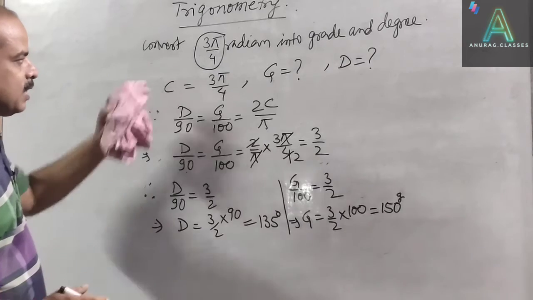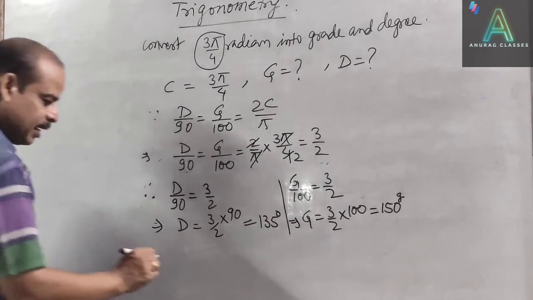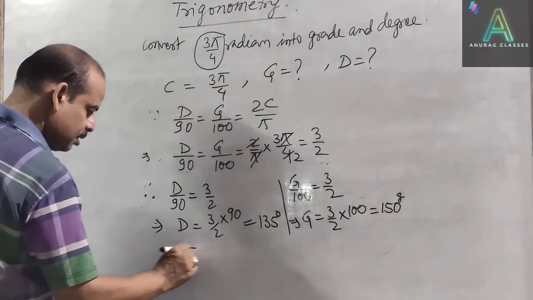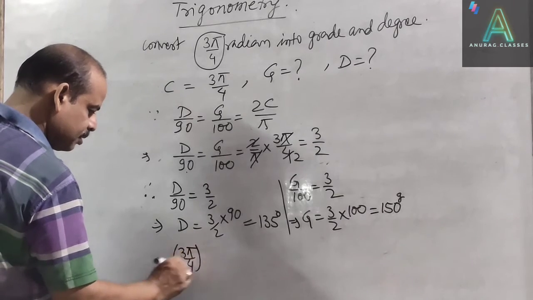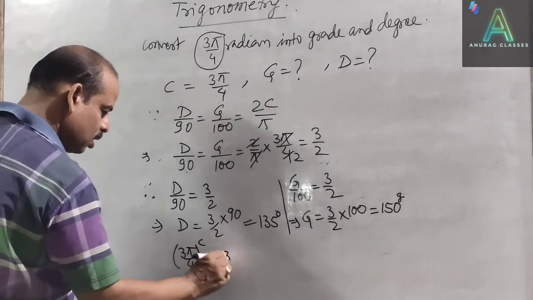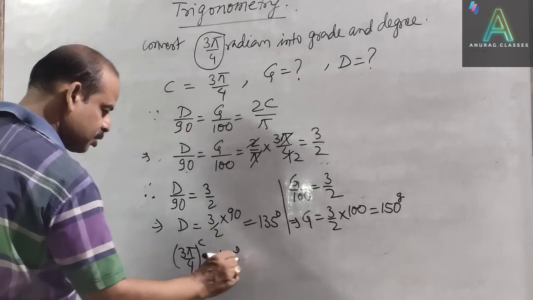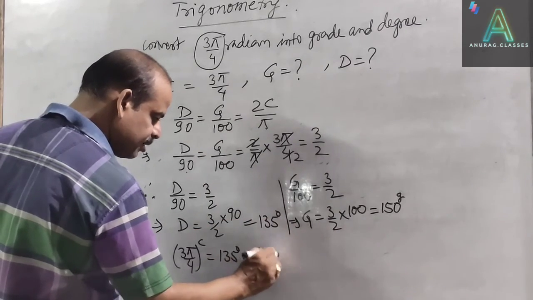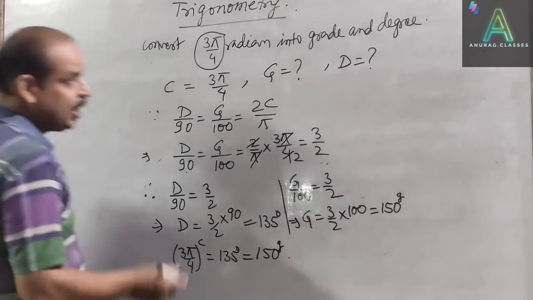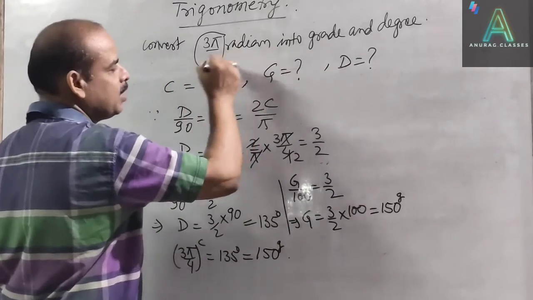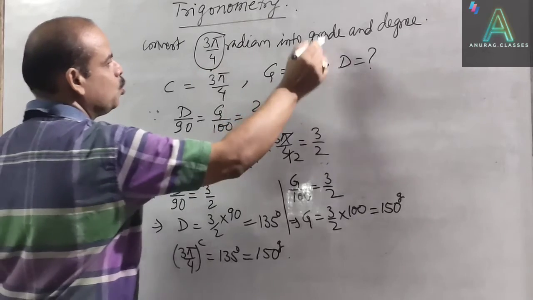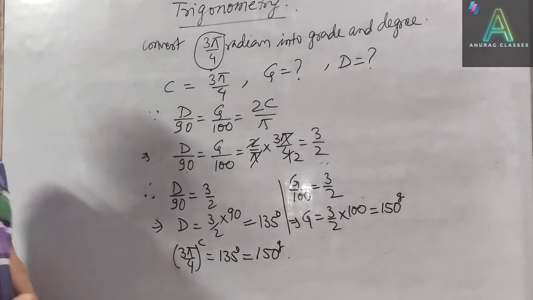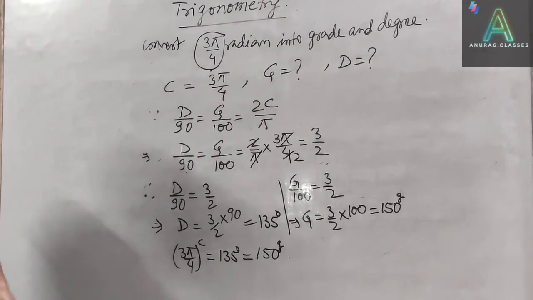So what we learned in this example, we learned that 3 pi by 4 radian is equal to 135 degree in degree system, and the same angle is 150 grade in grade system. So we have solved the problem, that is conversion of radian into grade and degree. I think you have understood all.